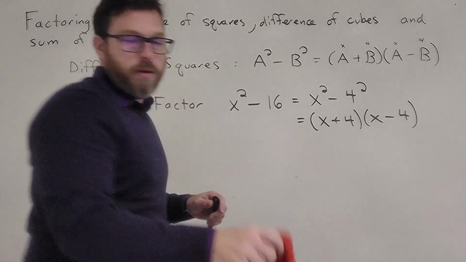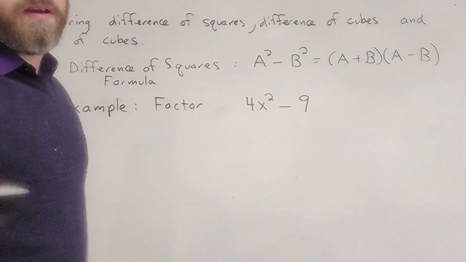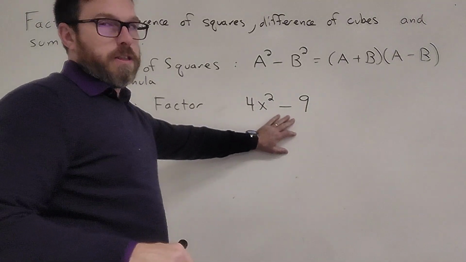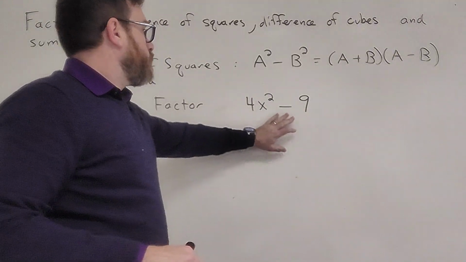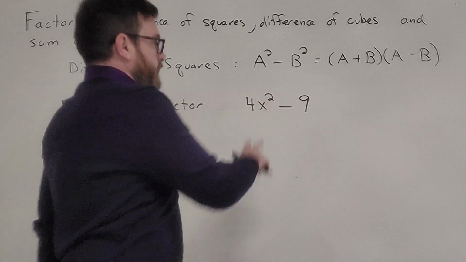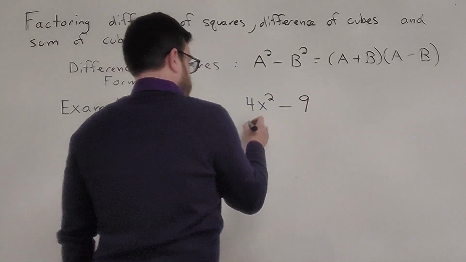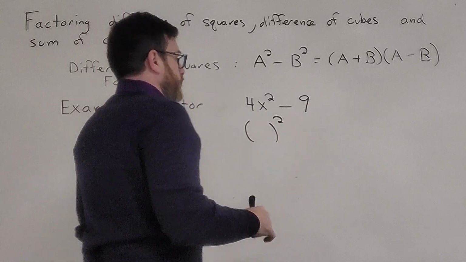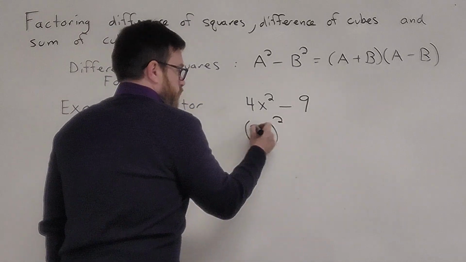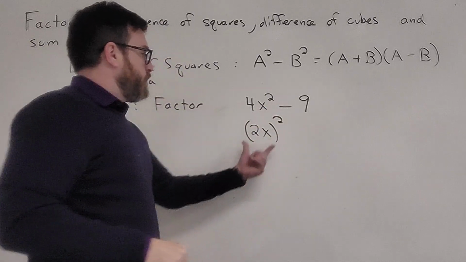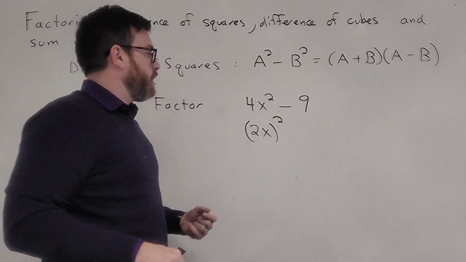So I'll pop another example in here. What if I want to factor 4x squared minus 9? It looks like this is a perfect square, and I can rewrite this as something squared. So 2 squared is 4, and x squared would be x squared, so this would become 2x squared.